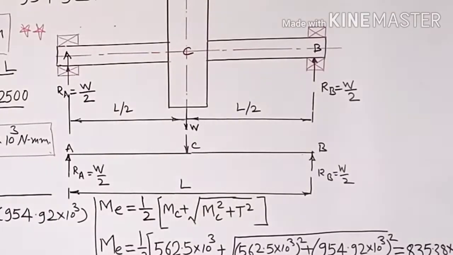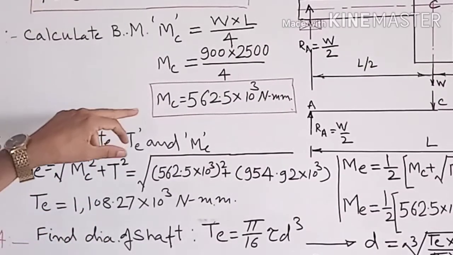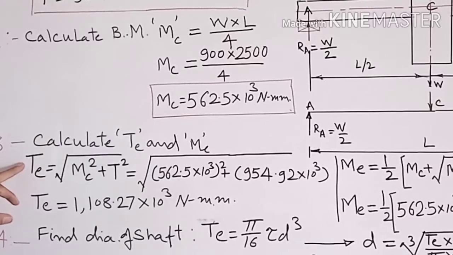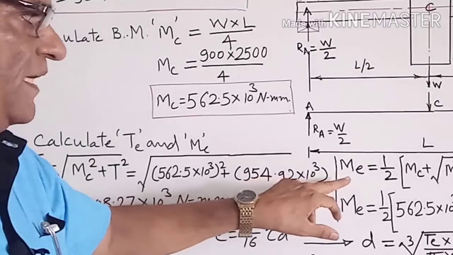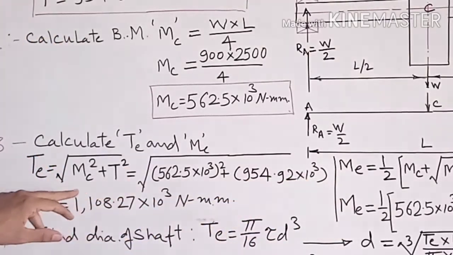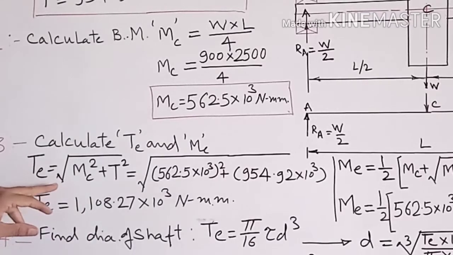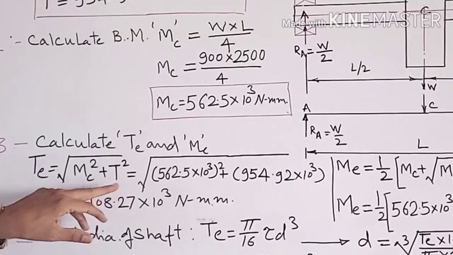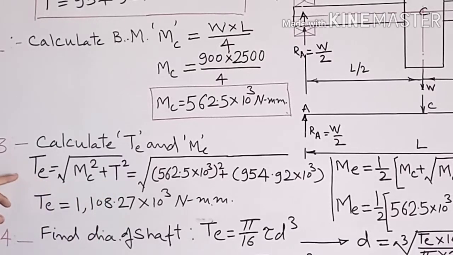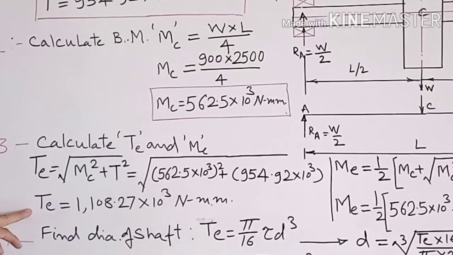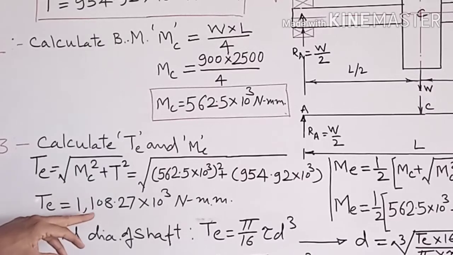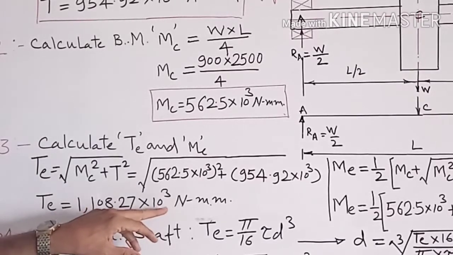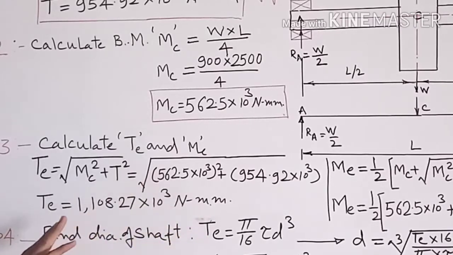Now after finding the value of torque and maximum bending moment, we will calculate the equivalent torque and equivalent bending moment. By the formula, TE is equal to root of MC square plus T square. From this the equivalent torque comes out to be 1108.27 into 10 raised to 3 Newton millimeter.